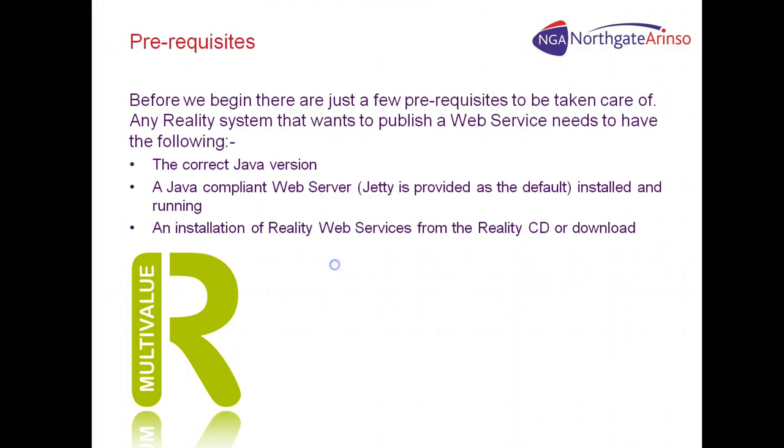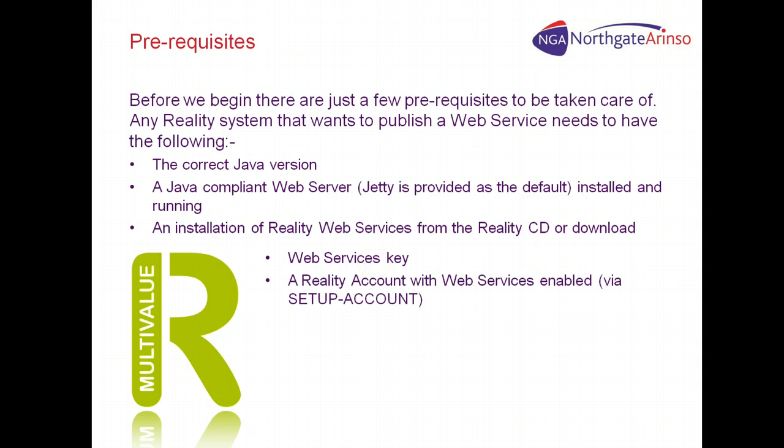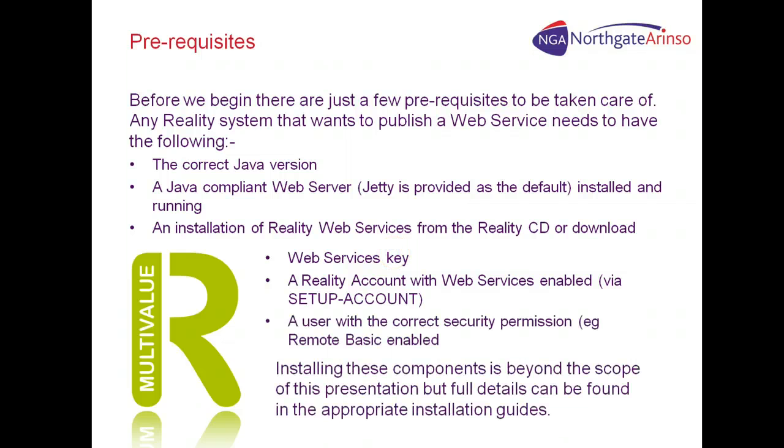A Web Services key to enable the functionality. A Reality account with Web Services enabled via the Setup Account utility, and a user with the correct security permissions, and this means that Remote Basic must be enabled. The installation of these components is beyond the scope of this presentation, but full details can be found in the appropriate installation guides.